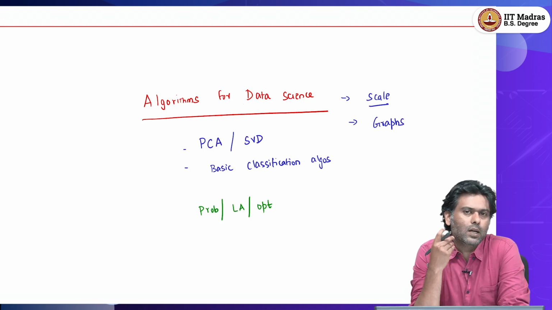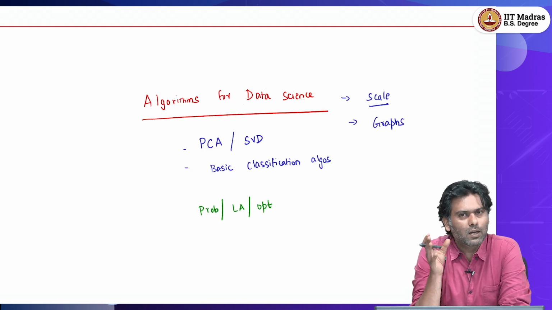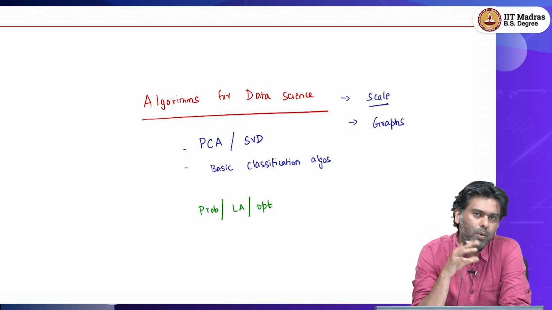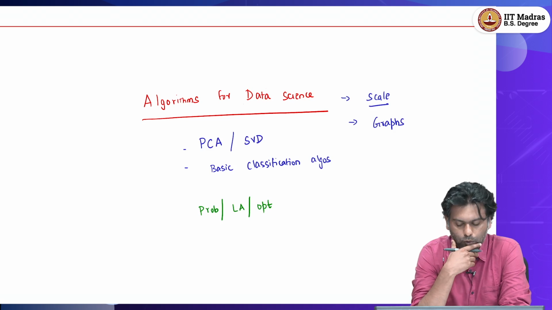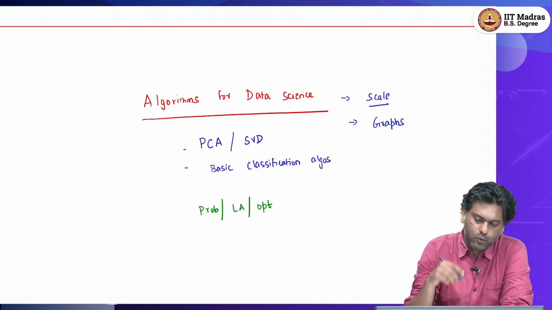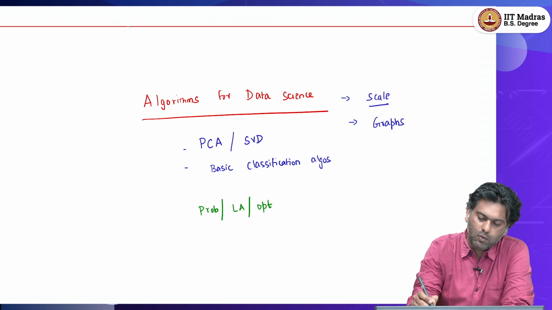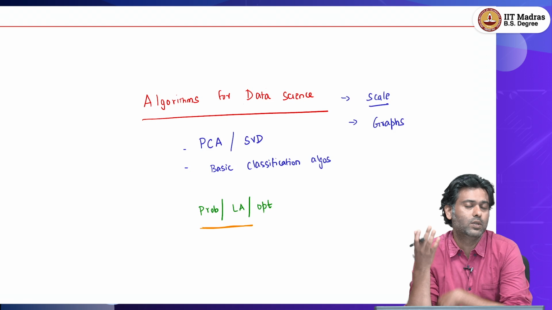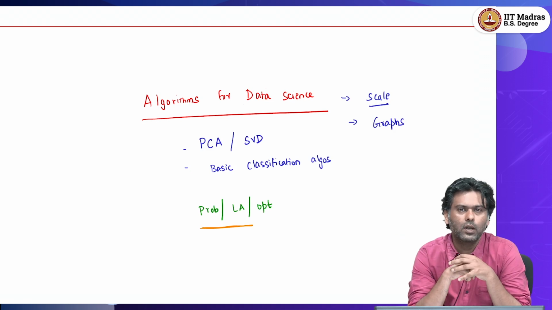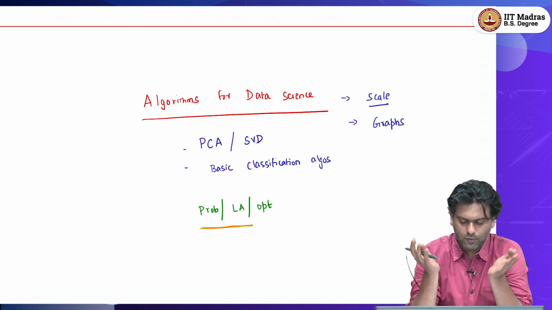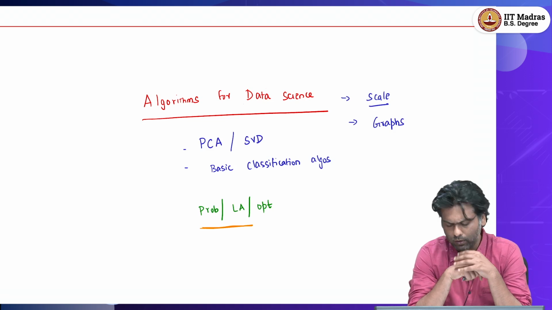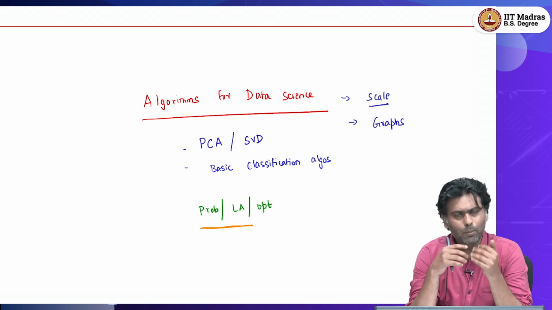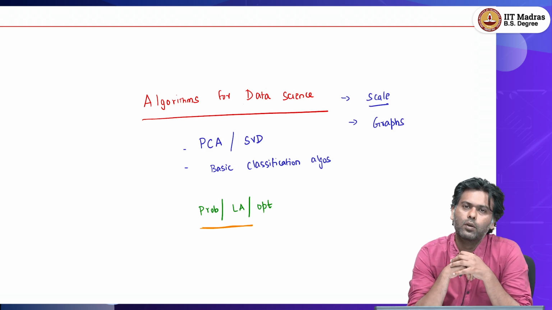So these are things that I'm going to assume we are already slightly familiar with, about the usage of probability and linear algebra in a basic data science course. What we are going to do in this course is again rely on probability and linear algebra, because at the end, they are the foundational pillars for any machine learning or data science course, because data has to be thought of as vectors and probability is the only way we know to deal with uncertainty.